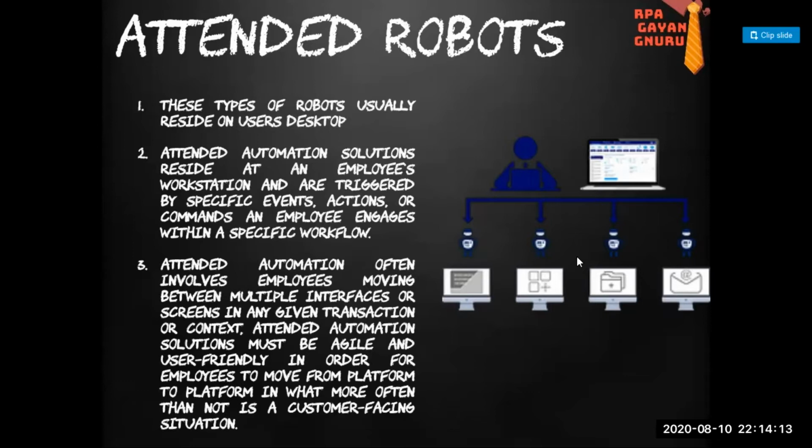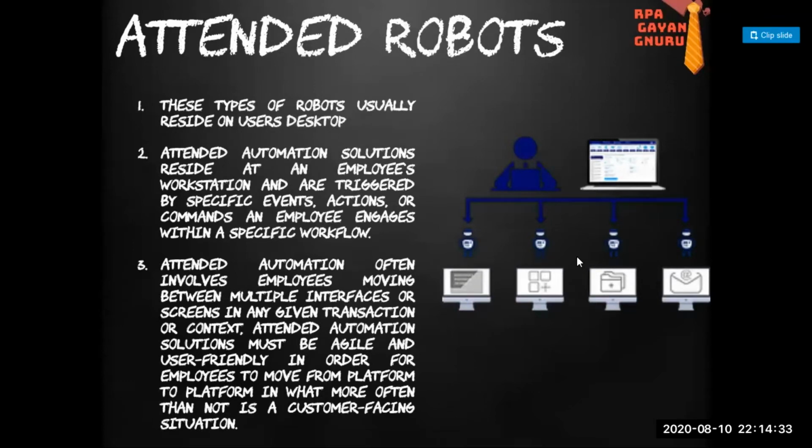Attended automation often involves employees moving between multiple interfaces or screens in any given transaction or context. Attended automation solutions must also be agile and user-friendly in order for employees to move from platform to platform in what more often than not is a customer-facing solution. Right.